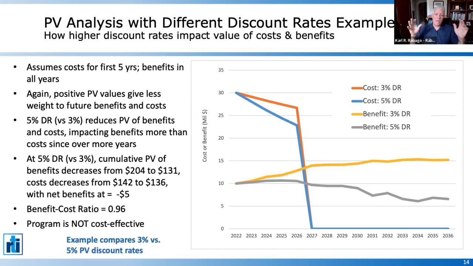So money in the future depreciates faster for this evaluator from this perspective. All right, so now it's not 2% to 3%, it's 3% to 5%. And look what happens, same program, same stream of benefits and costs, but these higher percentage rates change the formula.